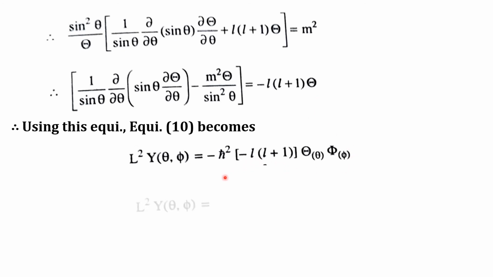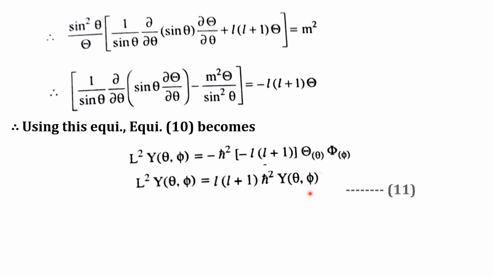Hence, minus minus becomes plus. We get h cross squared into theta phi, that is the function Y. Hence, instead of theta phi, we write directly Y theta phi, since on the other side we also write L squared into function Y theta phi.